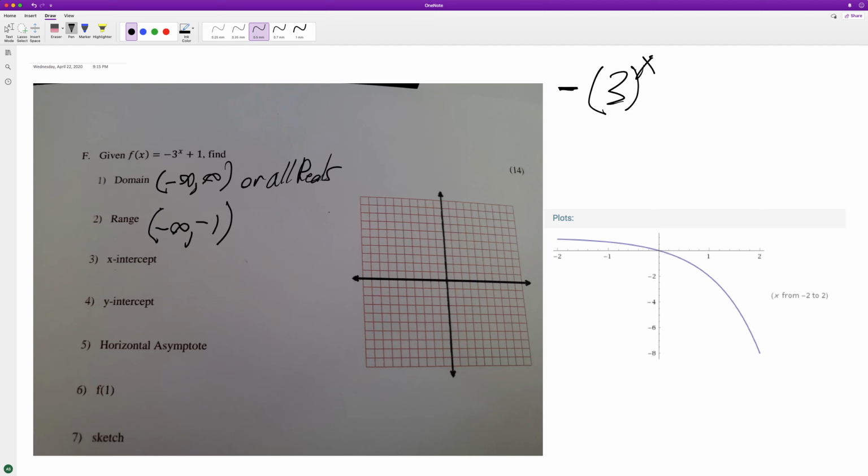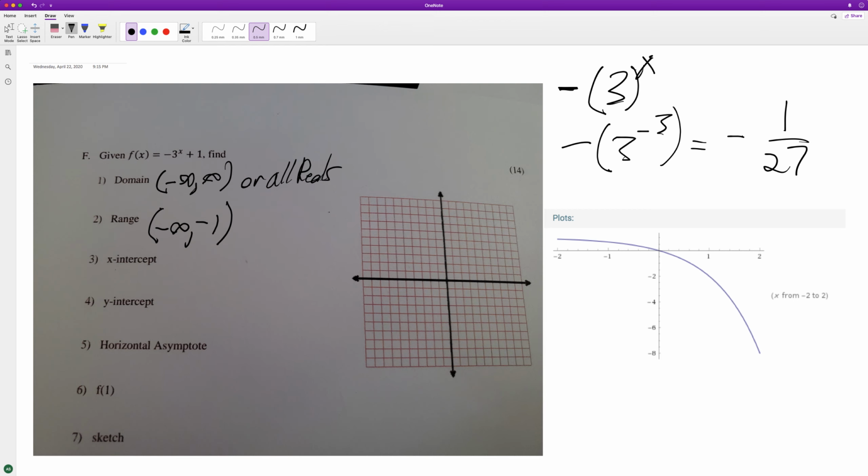If you plug in negative 3, we end up with 3 raised to the negative third, which is the same thing as 1 over 27, and you get negative 1 over 27. And then that plus 1 is almost 1, but not quite. And when you go far to the right, you get very large negative numbers. And that's why you get the graph here.